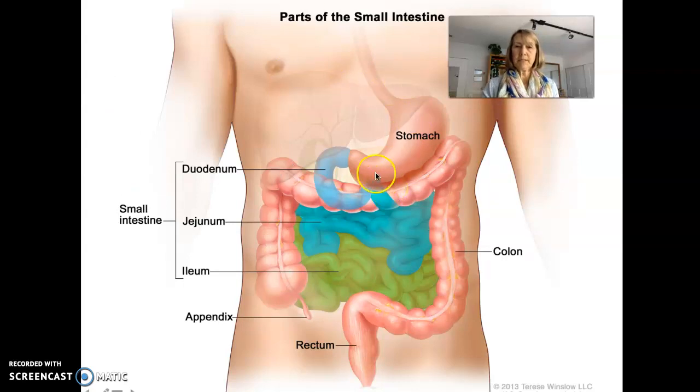Continuing on, you have stomach, duodenum, jejunum, ileum in green, and then colon, ascending colon, transverse colon, descending colon, sigmoid, and then rectum.